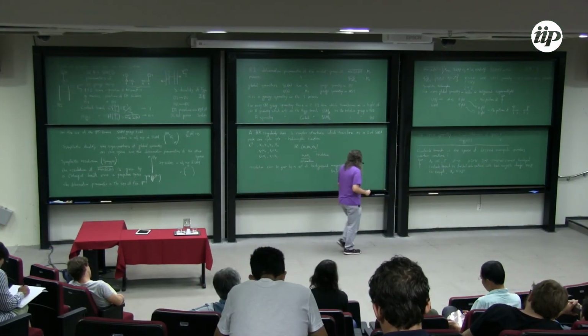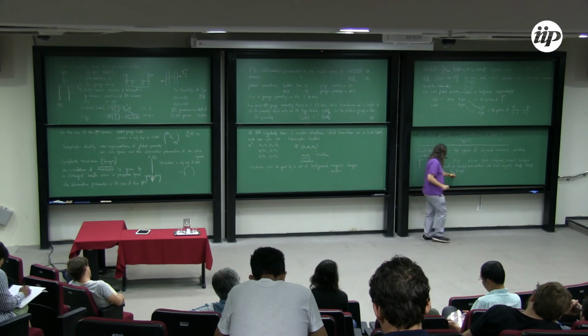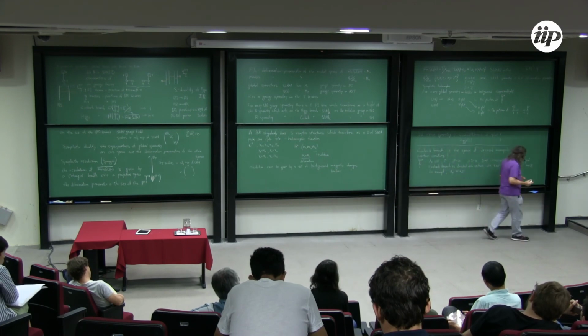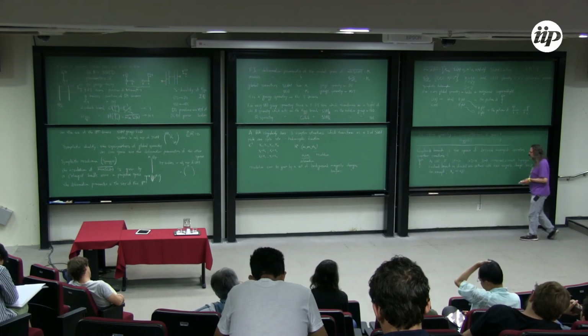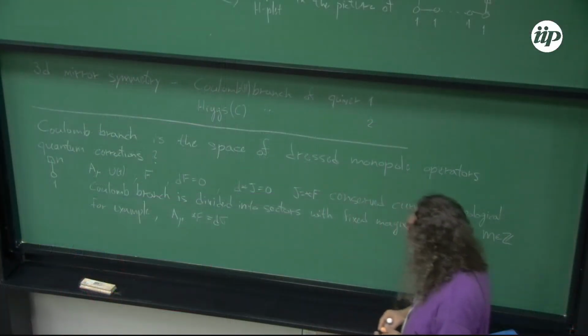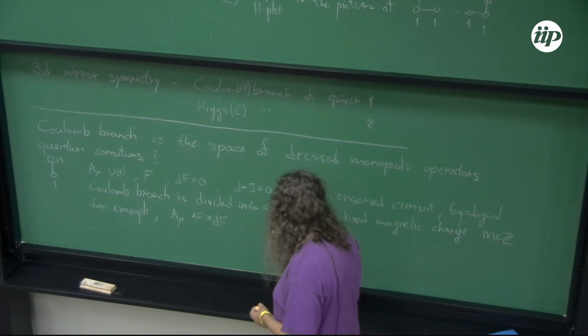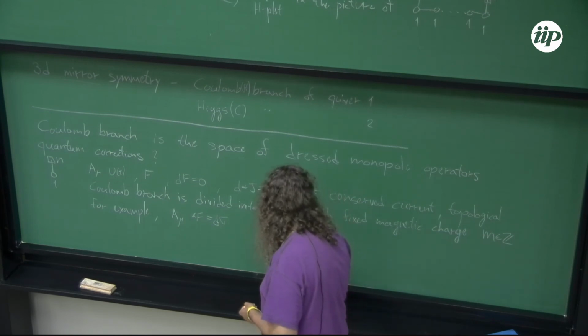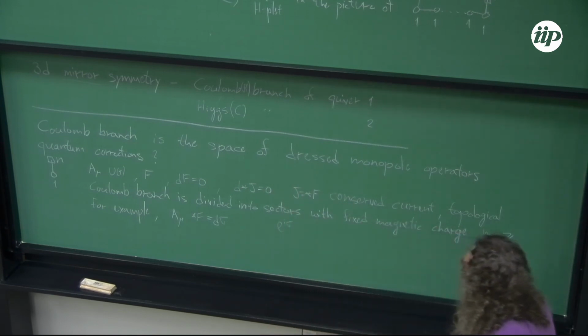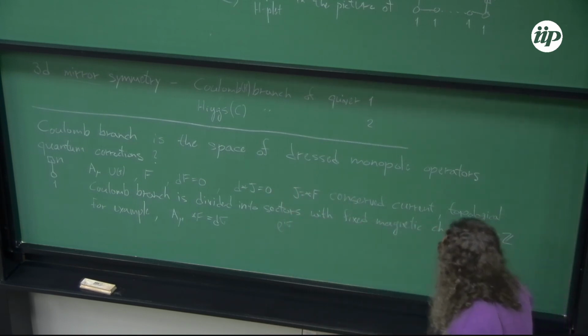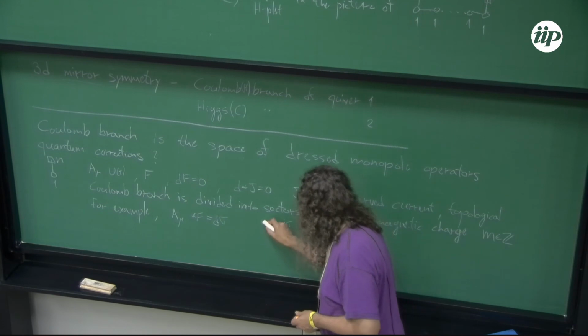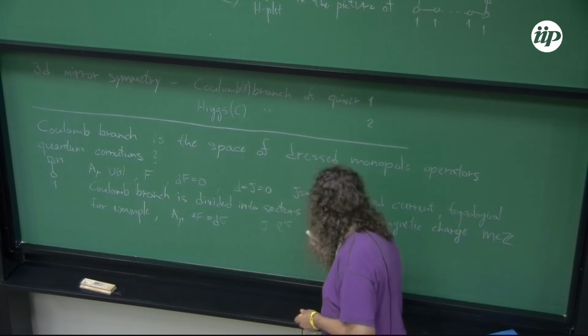And so F is a 2-form, star brings it to a 1-form, and sigma is a 0-form. It's a compact scalar. And so now what I can do is to construct states of the form e to the i sigma. And if I act on them with J, then I'll get a magnetic charge.